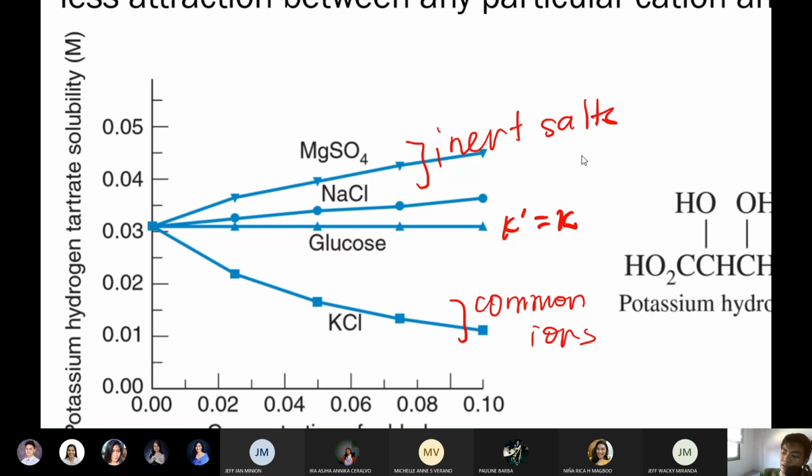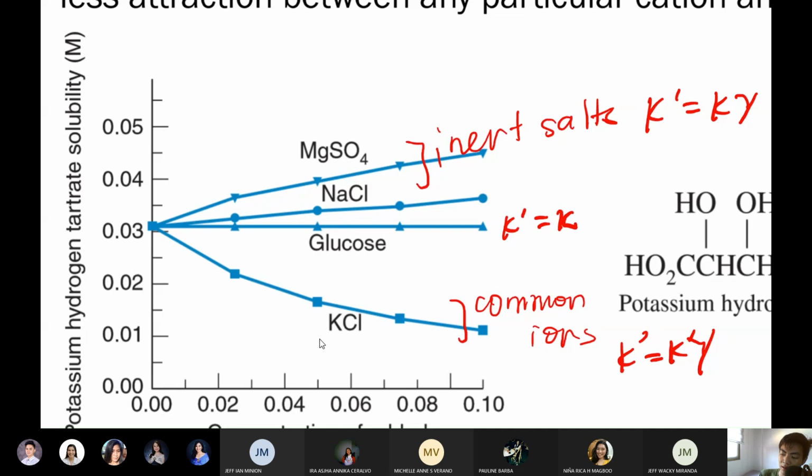However, for inert salts, your K prime is less than K because we need gamma. And then for common ions, that is actually governed by Le Chatelier's principle. So this one is already governed by Le Chatelier's principle, although you can still use K prime equals K gamma, because remember, KCl is also a salt.